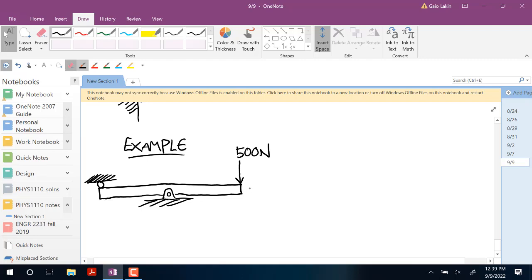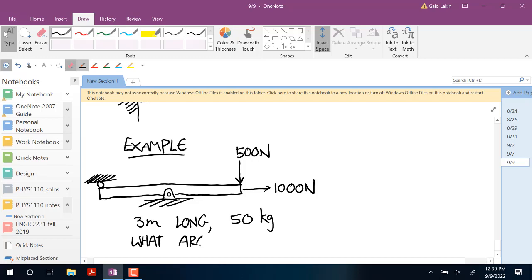And let's do a horizontal one too. 1,000 Newton horizontal force. And let's say that this beam is 3 meters long and 50 kilograms. What are the external loads on this beam?